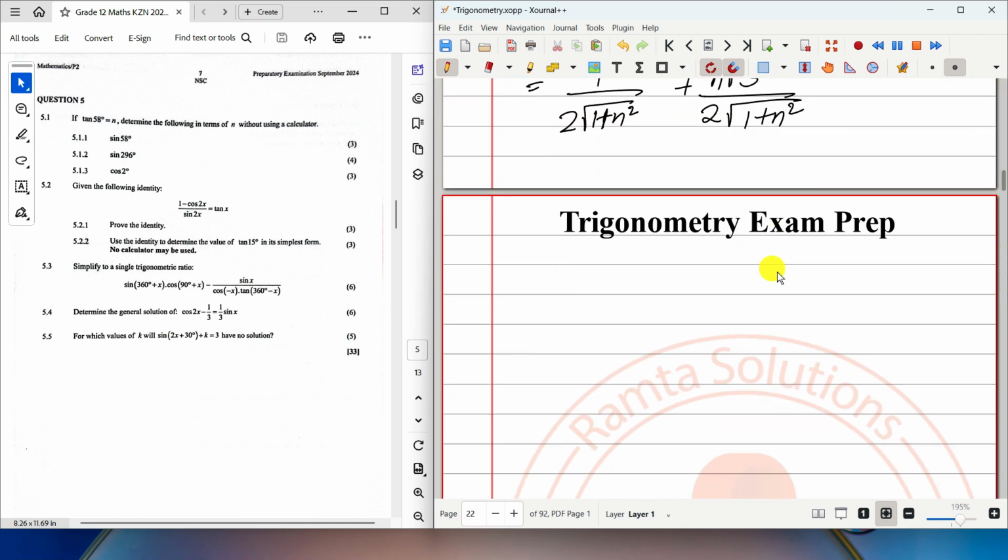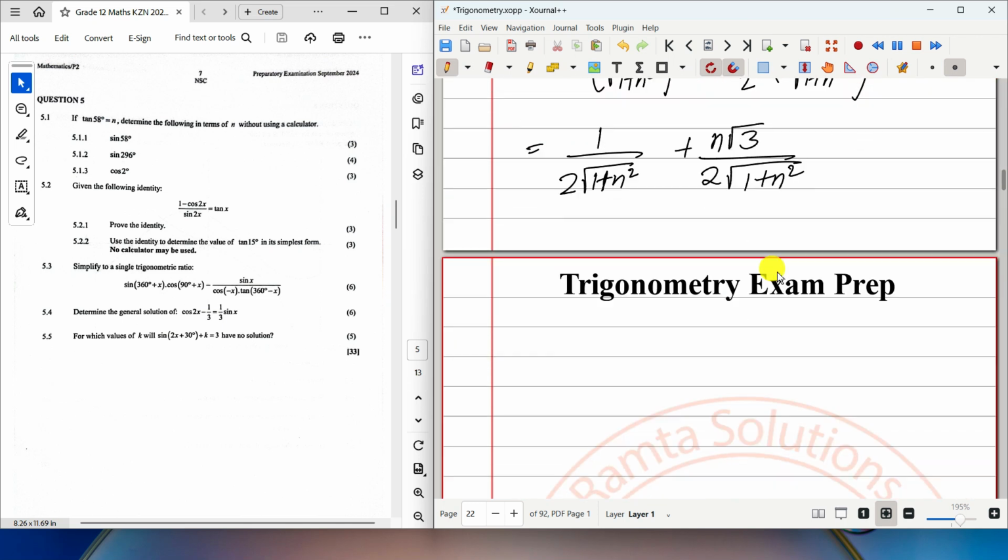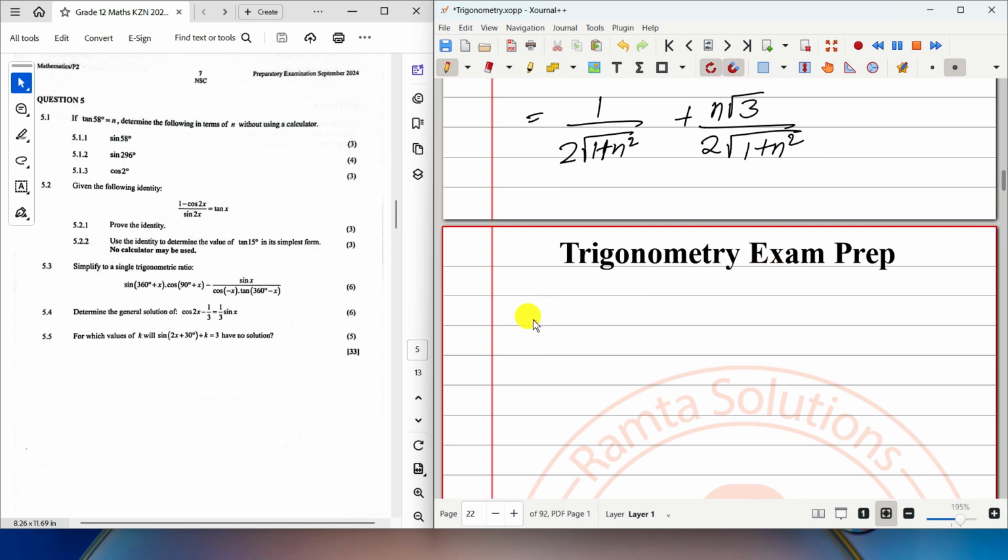Denominators are the same. You can leave it here, guys. Or when they are the same, you can say this is 1 plus n root 3 all over 2 times the square root of 1 plus n squared.